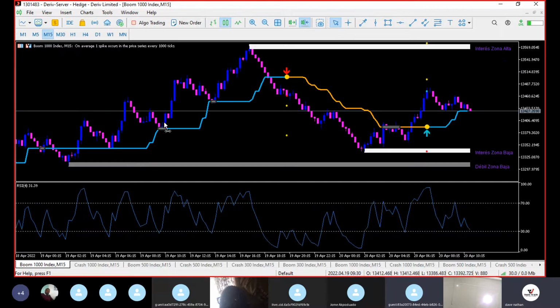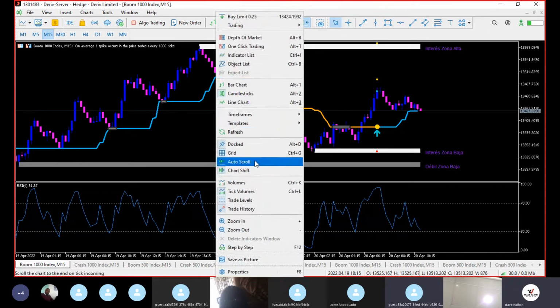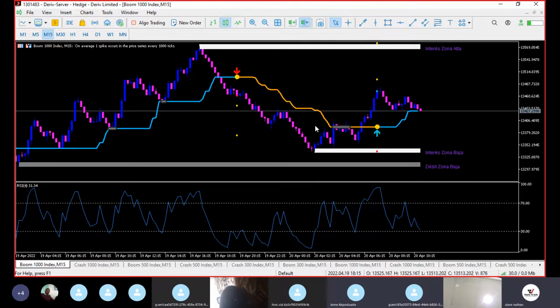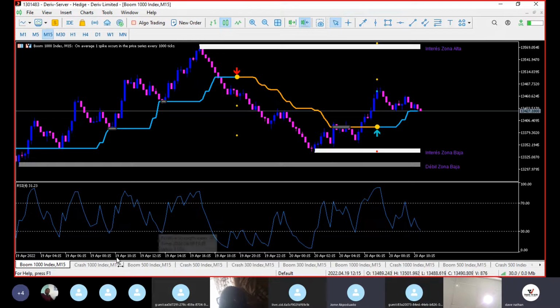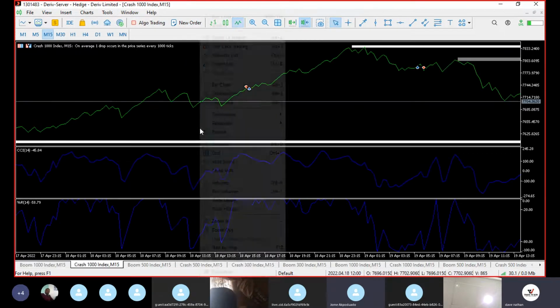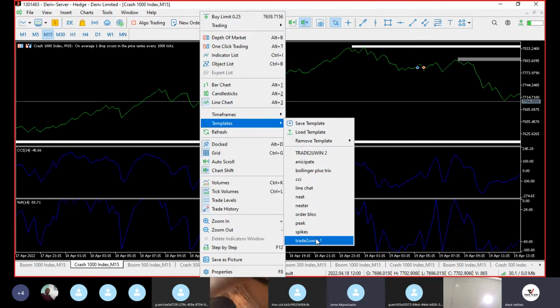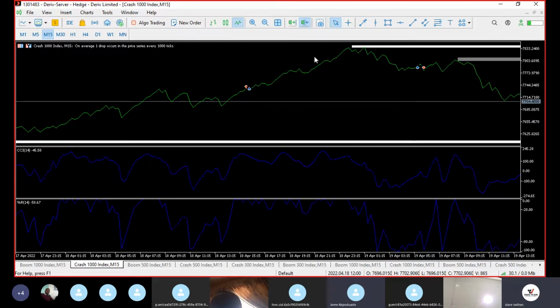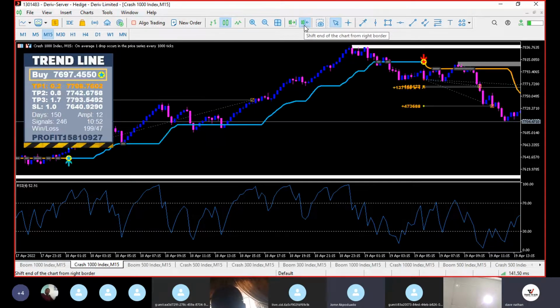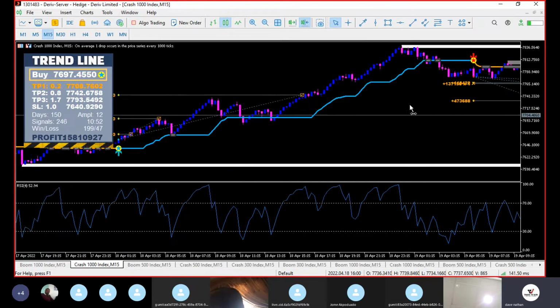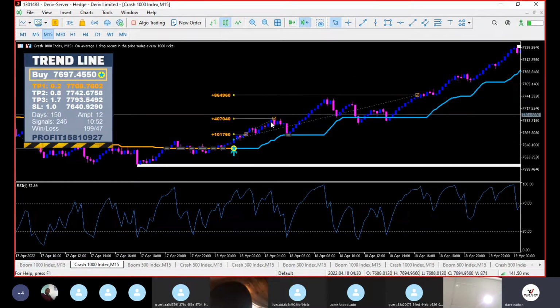It just helps you spot key levels. This was how beautiful it was on Crash 1000.